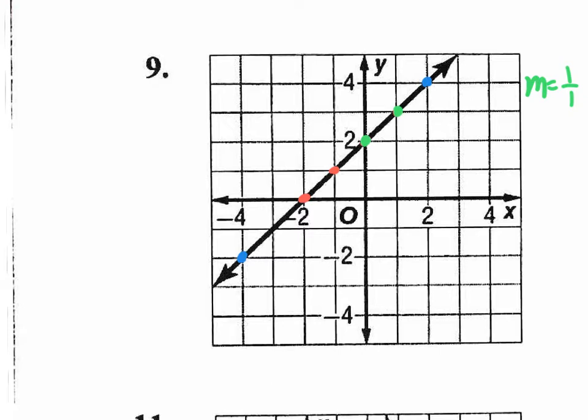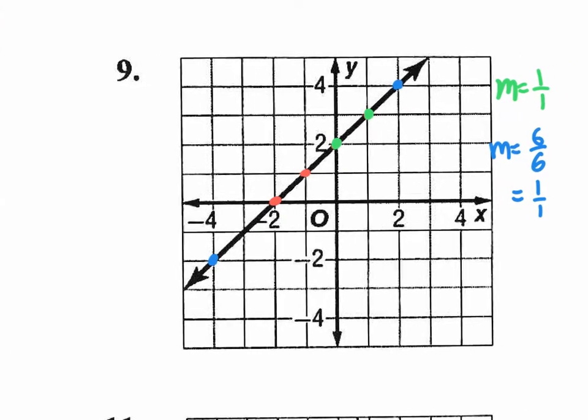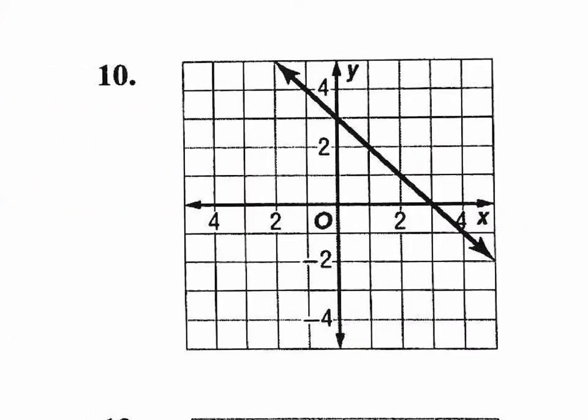Well, the blue ones, you'd go up 1, 2, 3, 4, 5, 6, and you'd have to run 1, 2, 3, 4, 5, 6. So using the blue ones, I'd have the slope 6 over 6, which also reduces down to 1 over 1. So you could use any points you want as long as they're nice points, right? And also as long as you reduce whenever you can. Always reduce fractions that you can reduce. Let's move on to number 10.